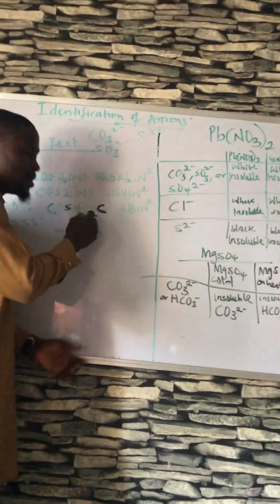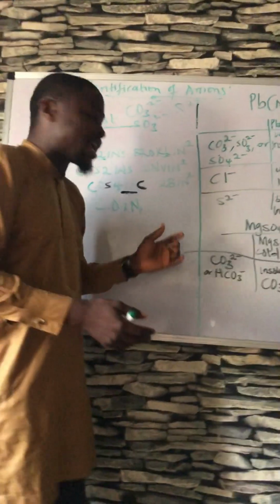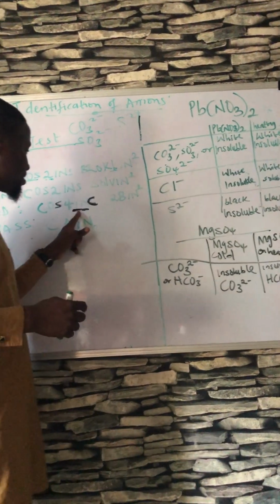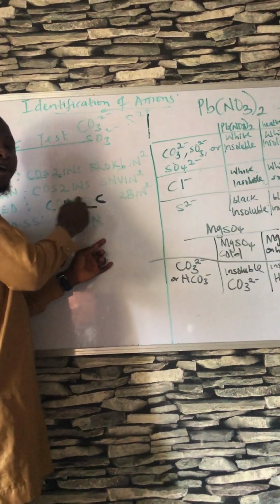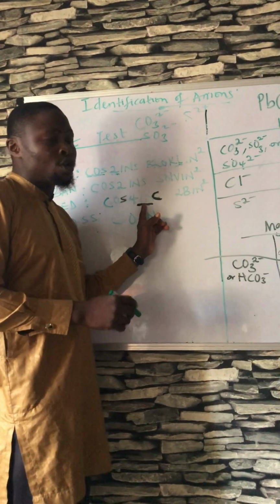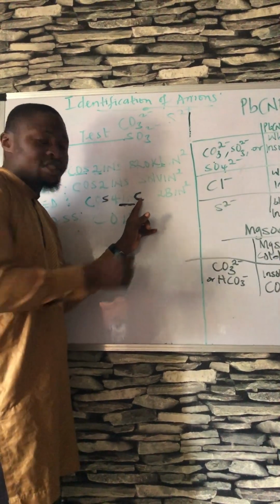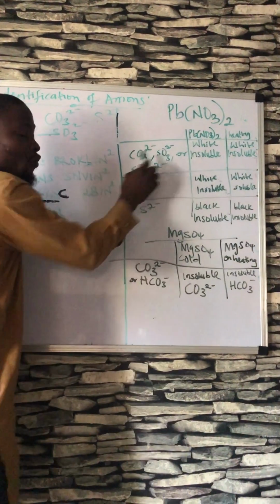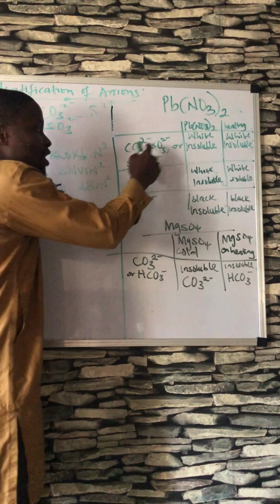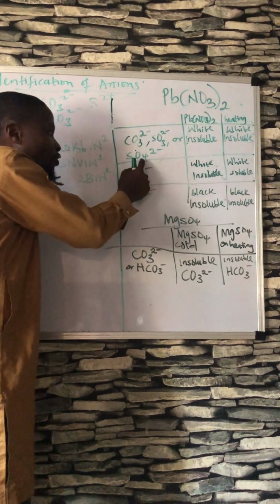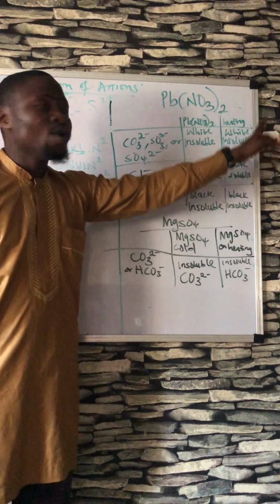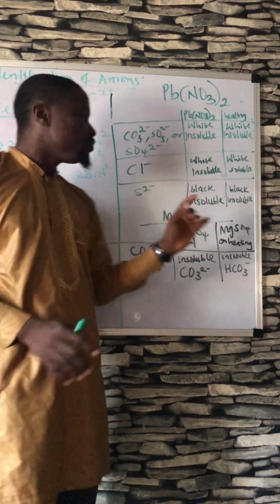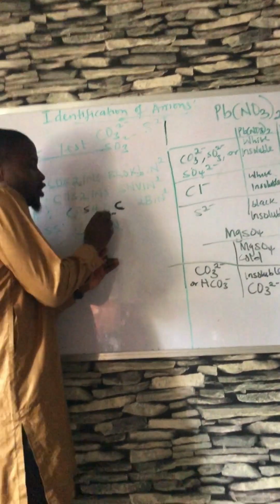So this INS is repeated twice, meaning insoluble. All of these carbonates, sulfites and sulfates are insoluble, whether in cold lead nitrate or after heating it. For chloride, it is insoluble when cold and soluble when heated.